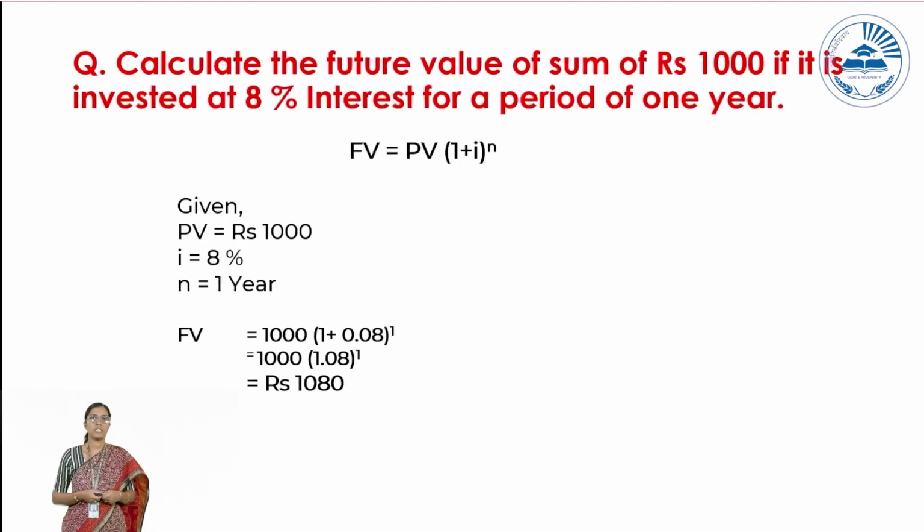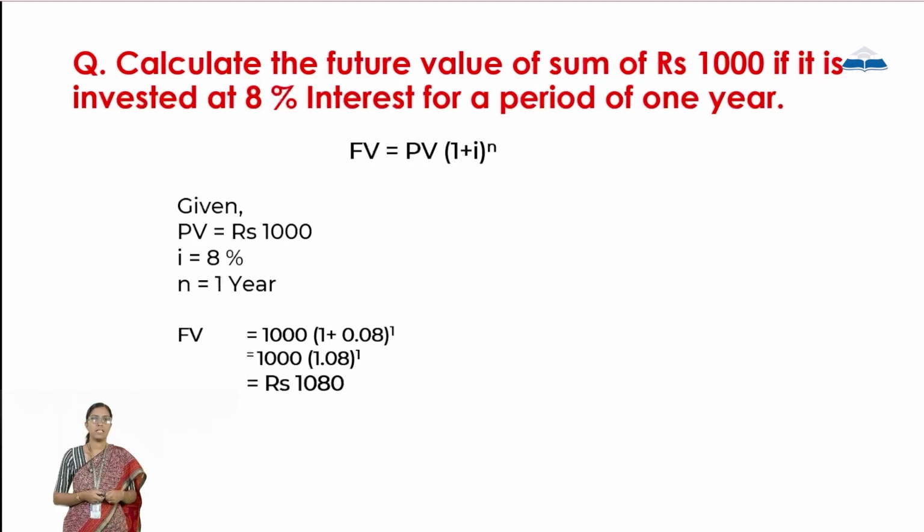Substituting these three values into the formula, we get future value is equal to 1000 into (1 plus 0.08) raised to 1. By solving that, first you should solve the amount within the brackets. So 1000 into (1 plus 0.08) raised to 1. That is 1 plus 0.08 itself. So 1000 into 1.08, that is 1080.